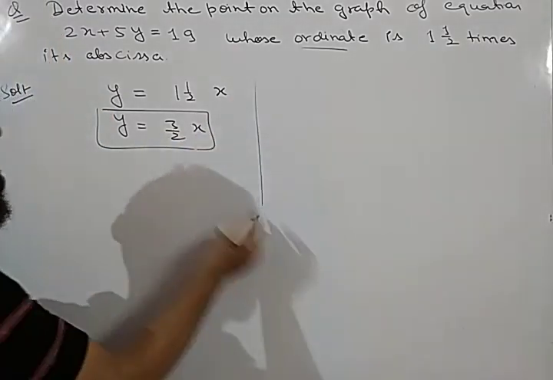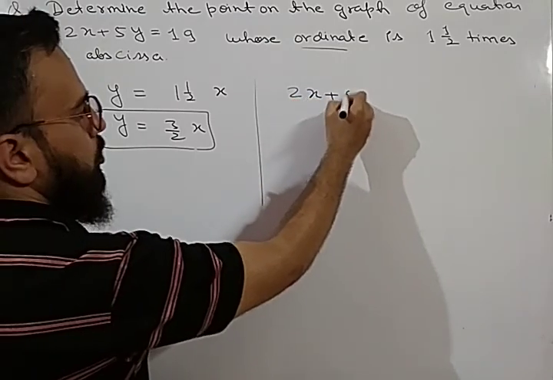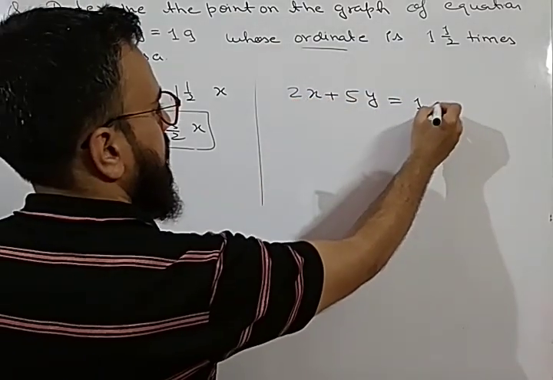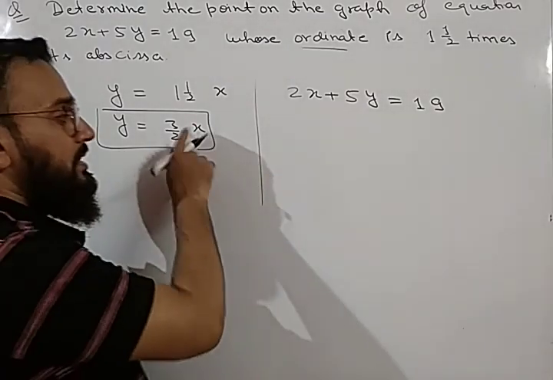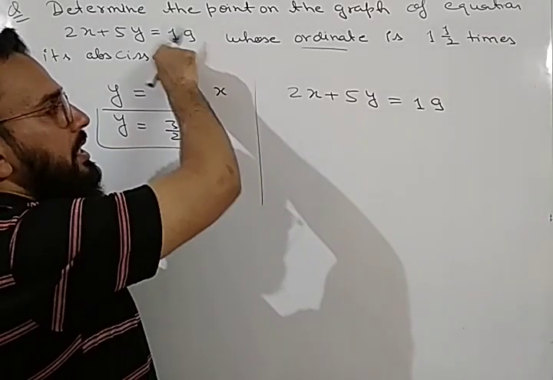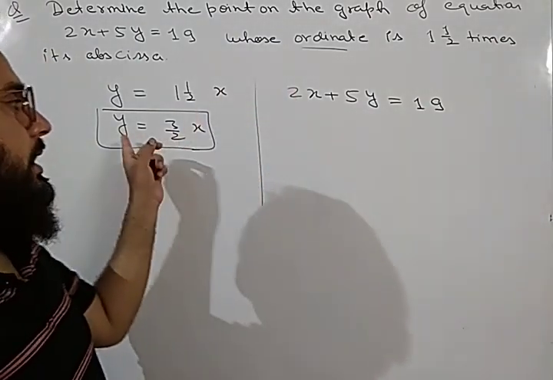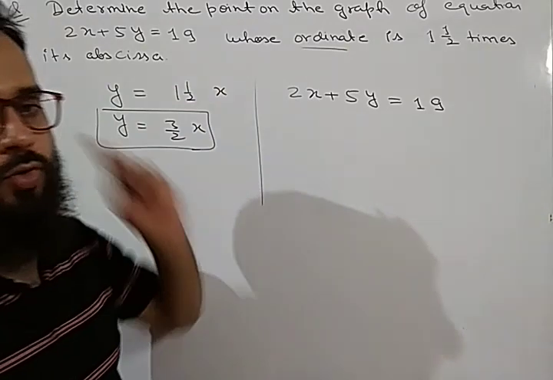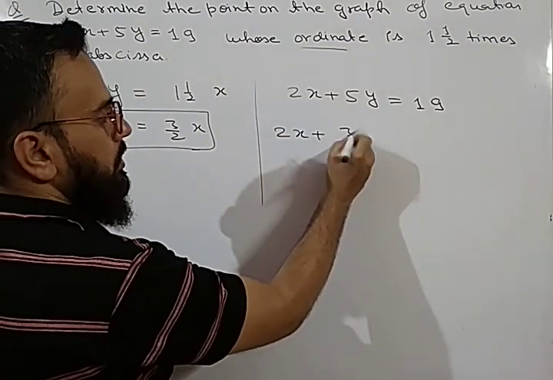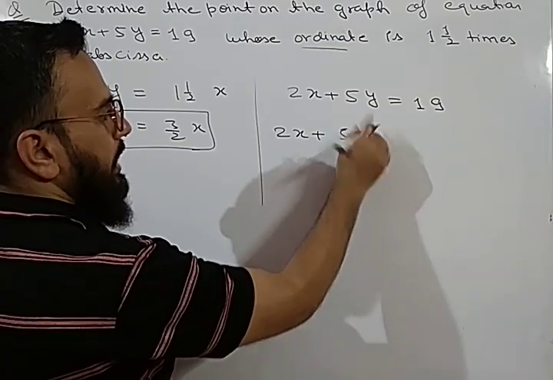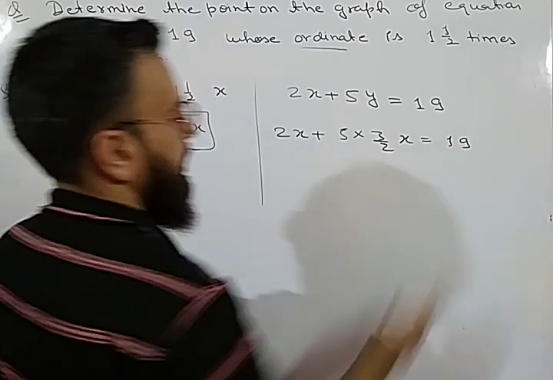Simply we have to put the value of y in this equation. The equation is given, 2x plus 5y is equal to 19, and this condition is given for this particular line. It means on this line the y coordinate is 3 by 2 times the x coordinate. So by putting the values we get 2x plus 5 into 3 by 2 x is equal to 19.